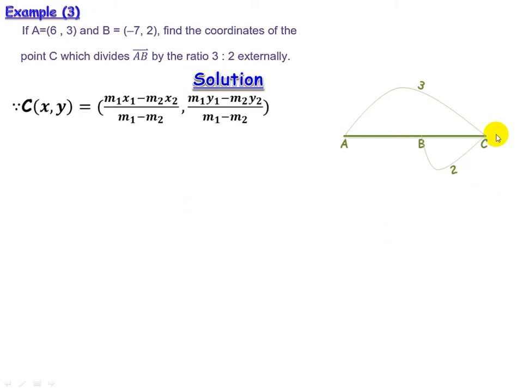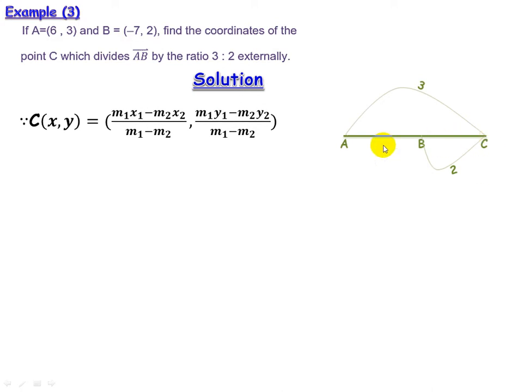So here, in this case, C divides AB externally, so I will use the rule of external division, which is C equals (M1x1 minus M2x2 over M1 minus M2, M1y1 minus M2y2 over M1 minus M2).